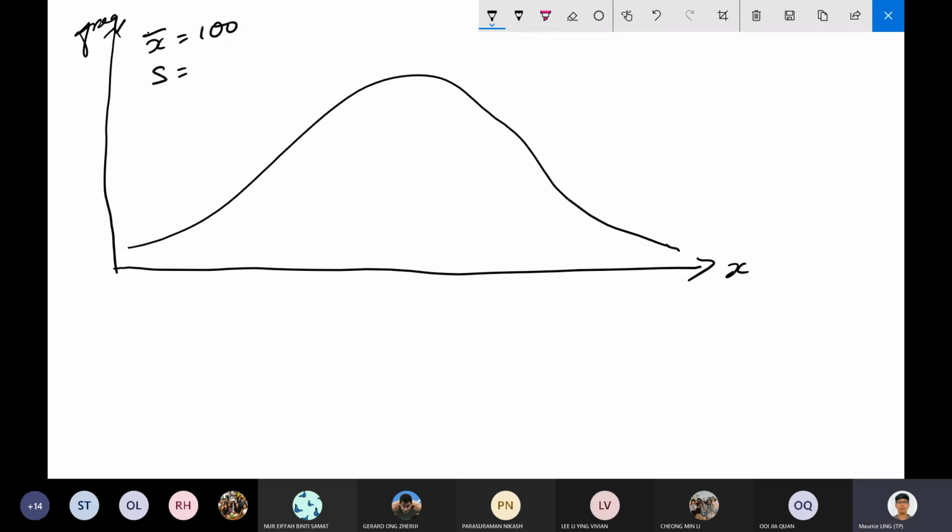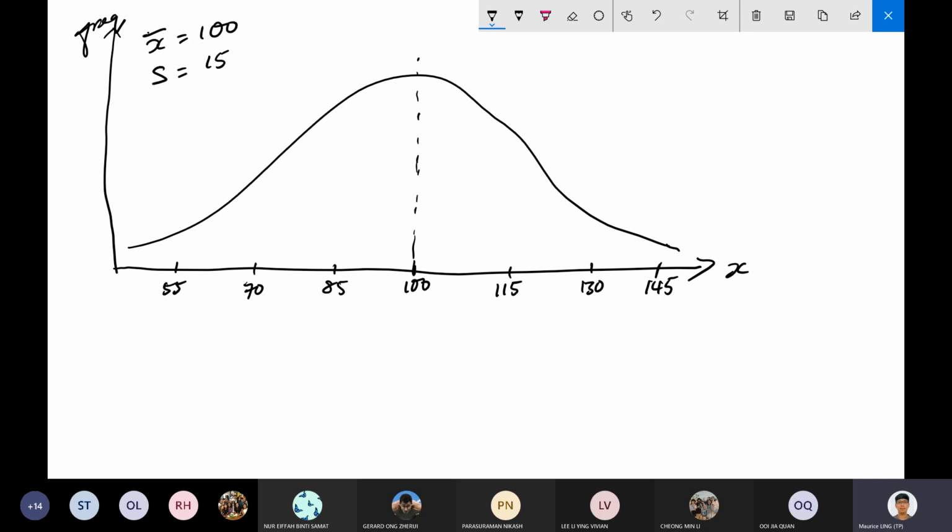The standard deviation is 15. Okay. So what you have here is the mean is 100. So 1 standard deviation, 2 standard deviation, 3. So here will be 115, 130, 145. Here will be 85, 70, 55. Okay, so you have a normal distribution.